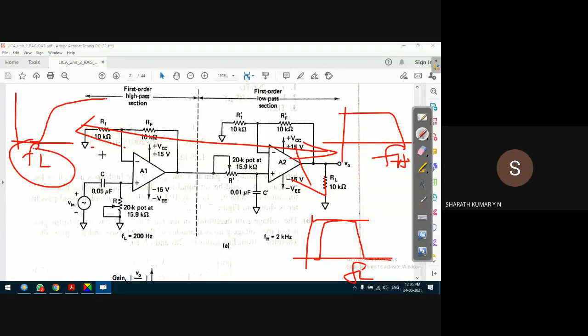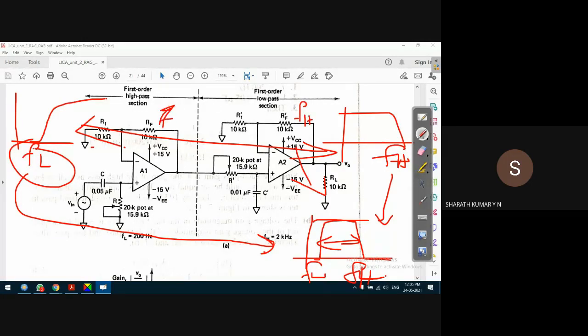Sorry, I don't know why I keep saying low pass. The high pass filter will implement FL, and the low pass will implement FH. So we get a band pass filter. FH is implemented by the low pass filter, and FL is determined by the high pass filter.